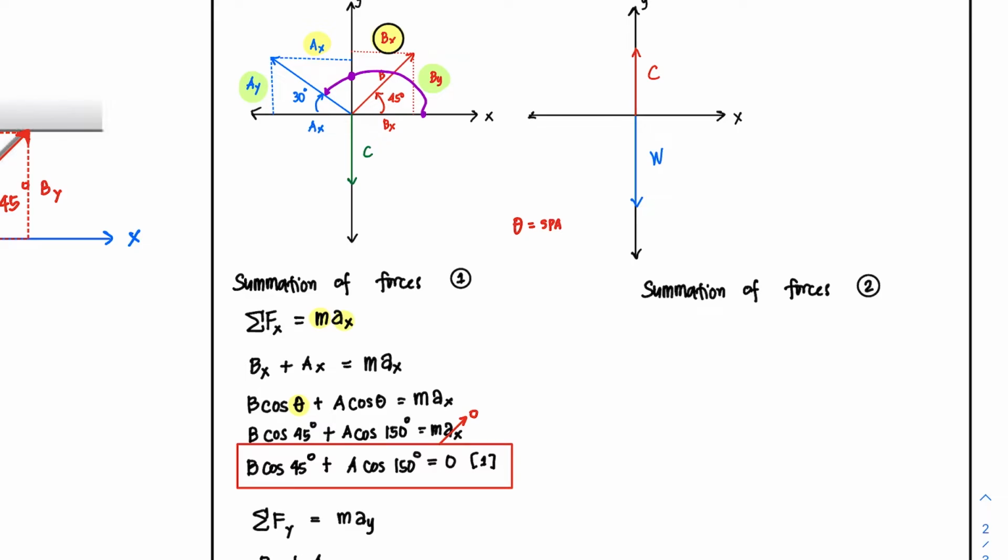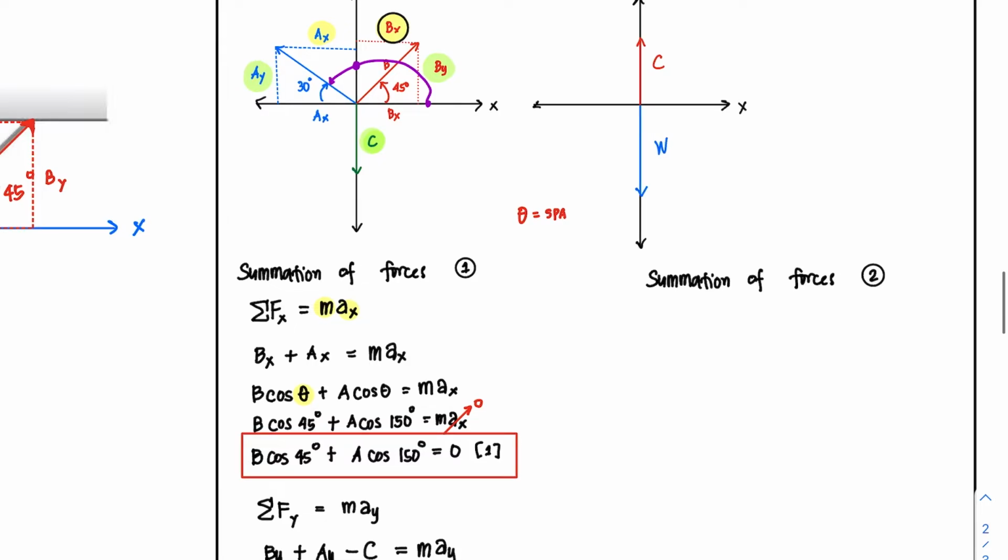And then the other force on your y axis is your C, the tension on chord C. Take note that it is going downward, so that will be written as negative C, equal to m a sub y. Again, I'm hoping that is clear.